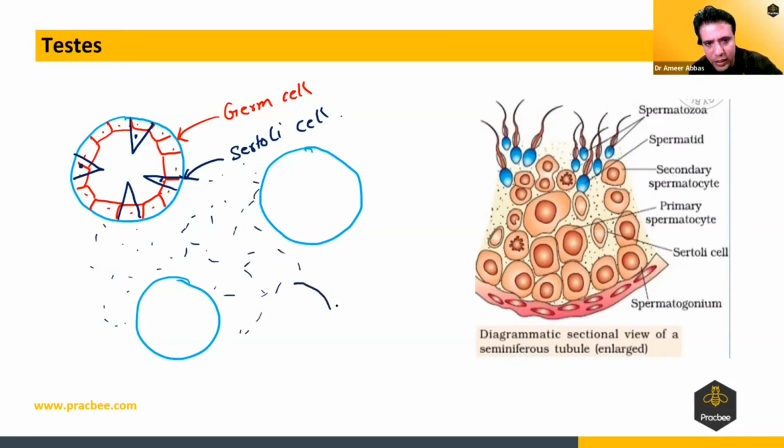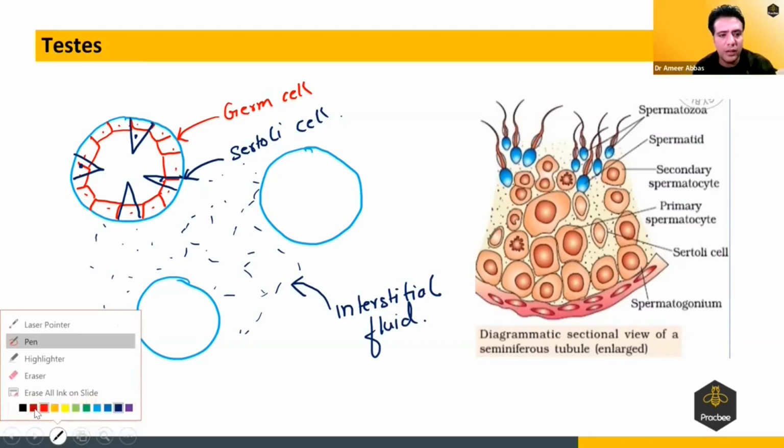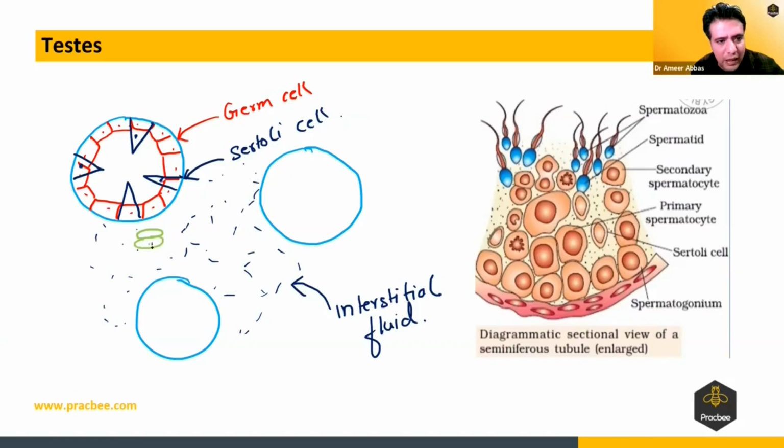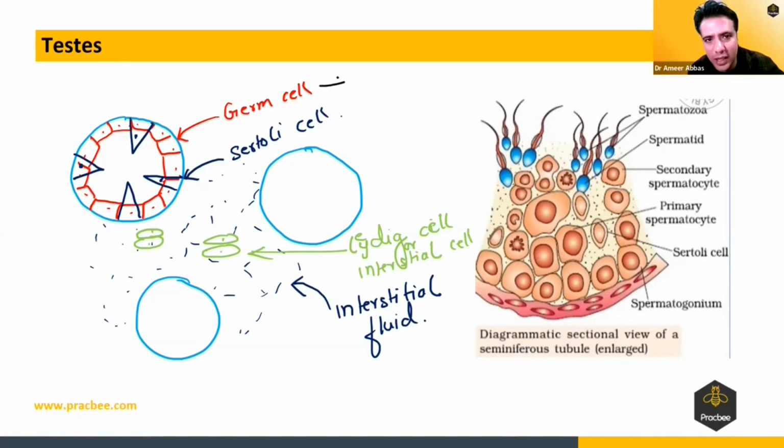This fluid is known as interstitial fluid, and scattered in this fluid are cells known as Leydig cells. Leydig cells are present in the fluid of the testis, and this fluid is known as interstitial fluid. That is why Leydig cells are also known as interstitial cells. Clear?